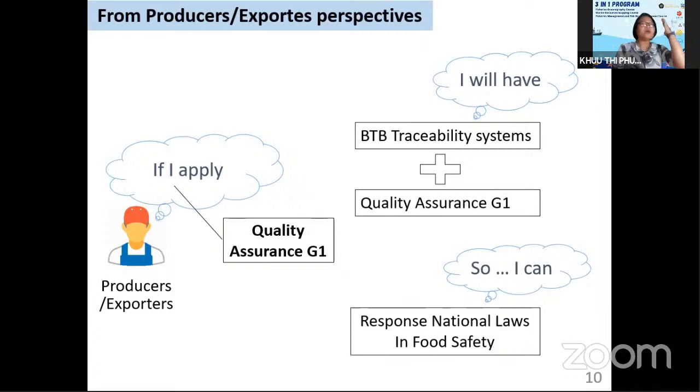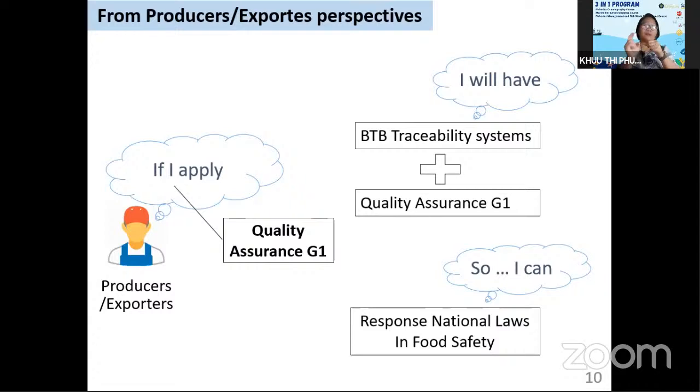I will think that if I apply quality assurance group 1, I will have a B2B traceability system, because to apply quality assurance group 1, I have to satisfy the traceability requirement. It means that I have to record and keep the information and share it with other agents in the supply chain. So if I can apply it, I will have the B2B system and quality assurance group 1.